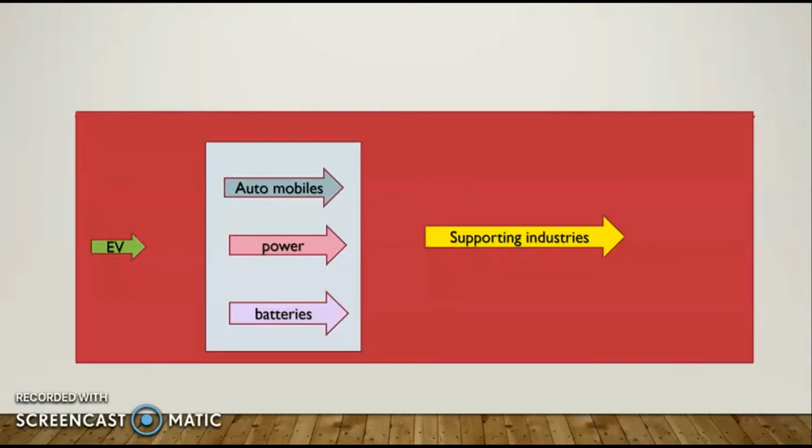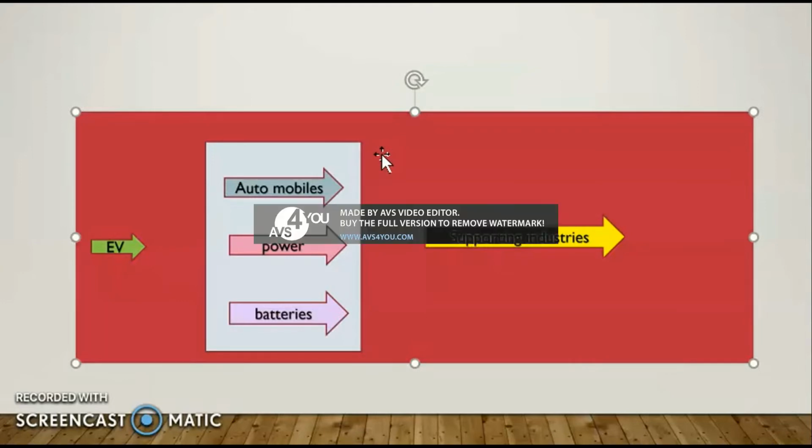In automobiles, the players are most probably Mahindra and Mahindra, Tata Motors, and Eicher Motors. This is just an example I'm giving. An EV announcement will impact automobiles, the power sector, and the battery sector.